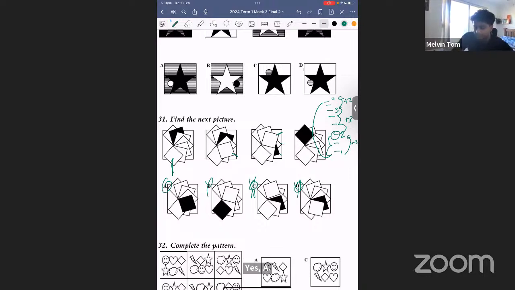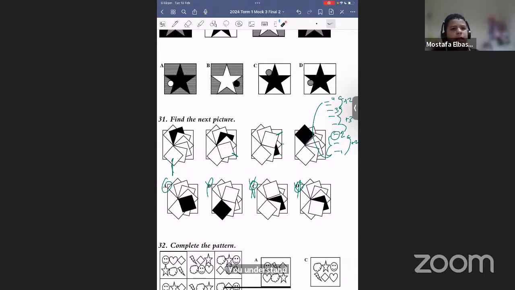The reason it's so confusing is the card on top is hard to visualize, and hard to visualize which one is the one in the pile. You understand? Yeah, but Melvin, how did you count? I understand everything, but just how did you start counting? I know the first one moved +2. Yeah.